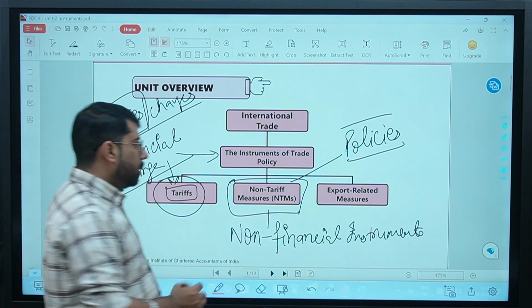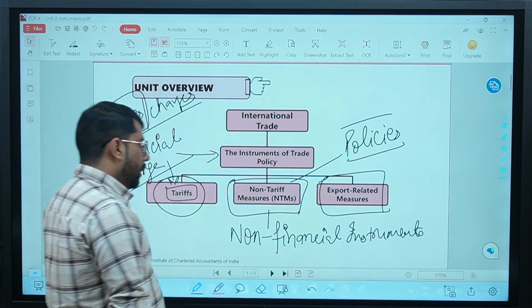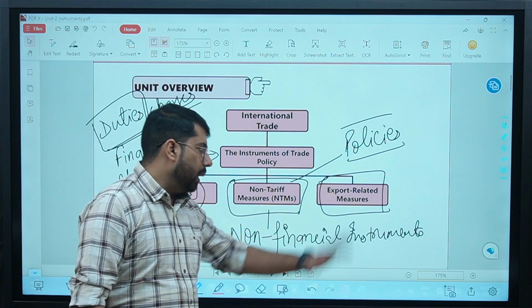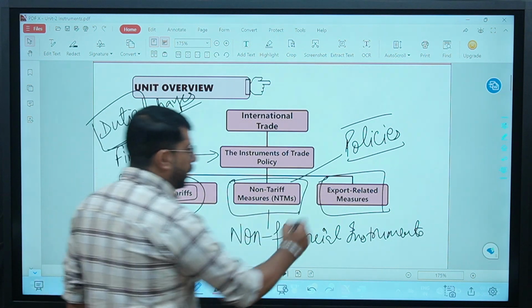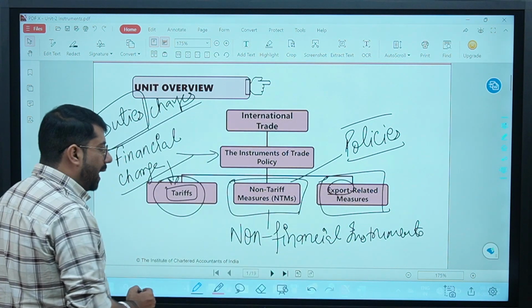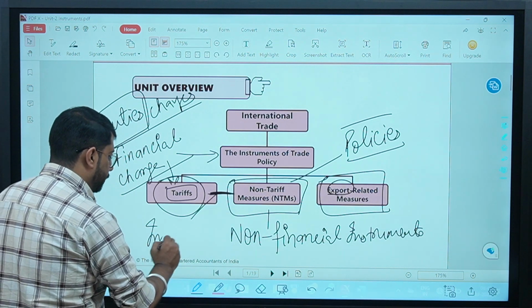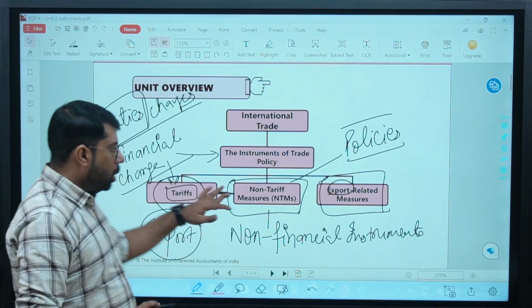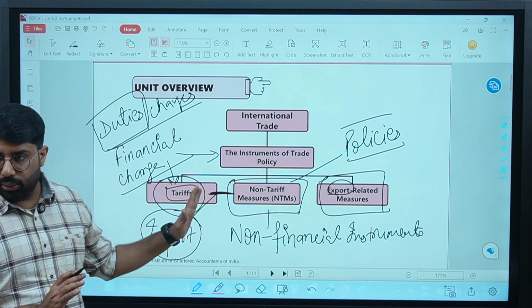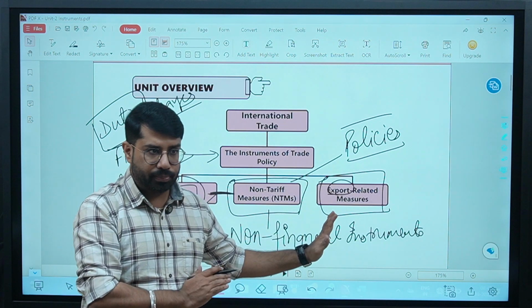Got it? And the third one are the export related measures. Now, sir, the third part, that is export related measures, talks about export specifically. Does that mean that these two instruments talk only about import? It is not like that. They talk about import export both, but these measures are specifically for exports.